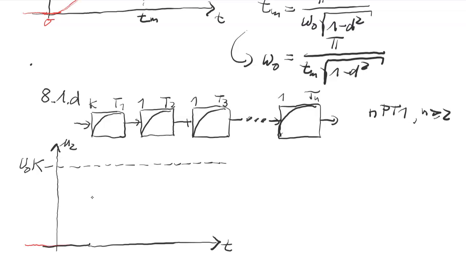Also at the switching time 0, no indication of the switch. Then an increase with, say, a left curve. Then an inflection point, and the curve turns to the right curve and ends up in the final value. Here again we have a final value.